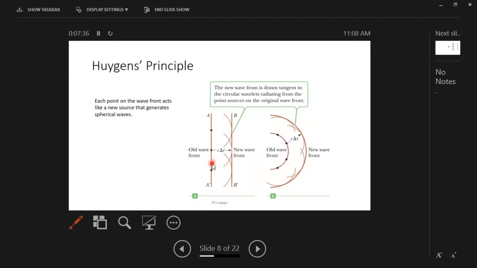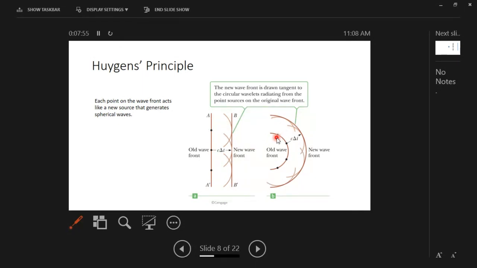This point does the same thing. This point does the same thing. And then after you wait for delta t seconds, the new wavefront is the one which is tangent to all of those circular wavelets, these guys that were generated at these new sources.